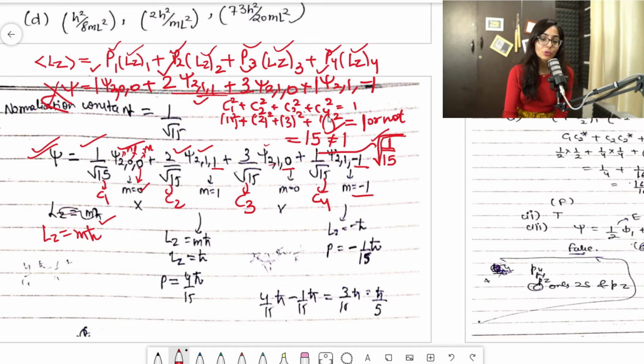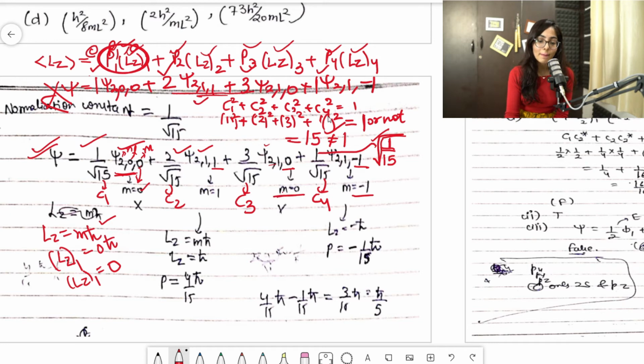Because if you write LZ1, here m is 0. LZ is m h cut, so here it would be 0 h cut. So my LZ1 would be 0. So when I put 0 over here into P1, that would be 0. So obviously this part will be 0 automatically. And same for this one.